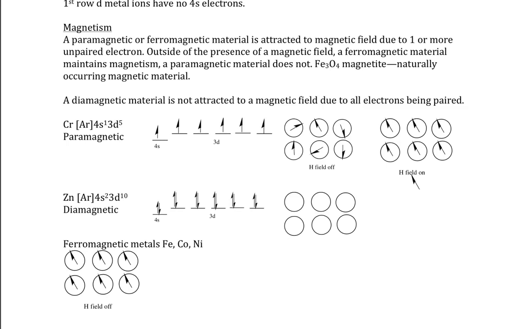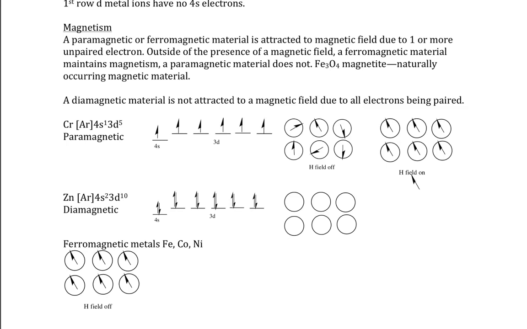In zinc, which is diamagnetic, we see the electron configuration 4s2 3d10, so we have all paired electrons. That is to say there's no net magnetic dipole moment, so it would not interact with a magnetic field, at least not much. In a ferromagnetic material, once we expose it to the magnetic field, the direction can be maintained.